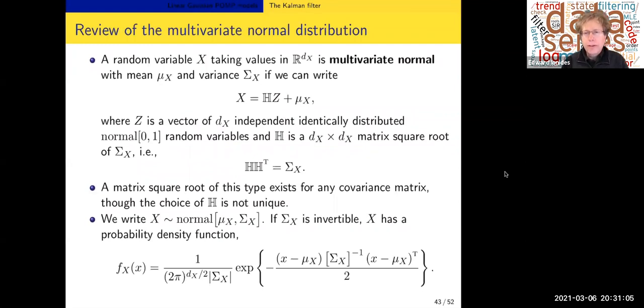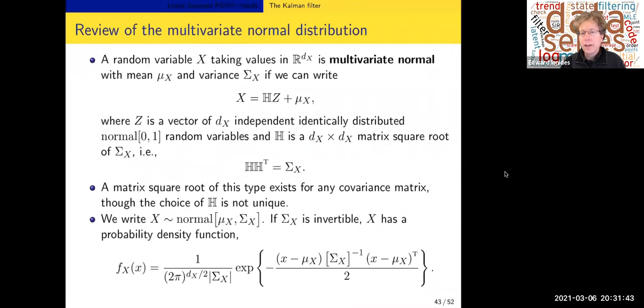To go through this calculation, which, by the way, is not too critical for the course, but it's nice to see how it's done. And so let's go through it. We're going to start by reviewing the multivariate normal distribution. And so what does it mean to say X is multivariate normal? Well, if it's multivariate normal with mean mu X and variance sigma X and it has dimension dx, that means we can write X equals HZ plus mu X, where Z is a vector of dx independent, identically distributed normal 0, 1 random variables.